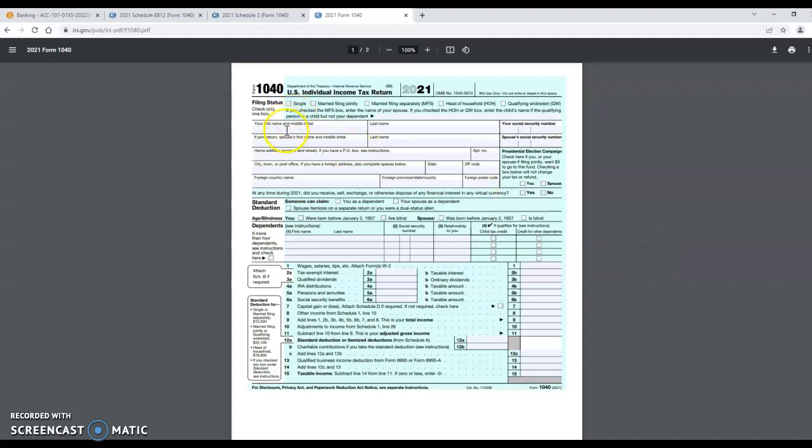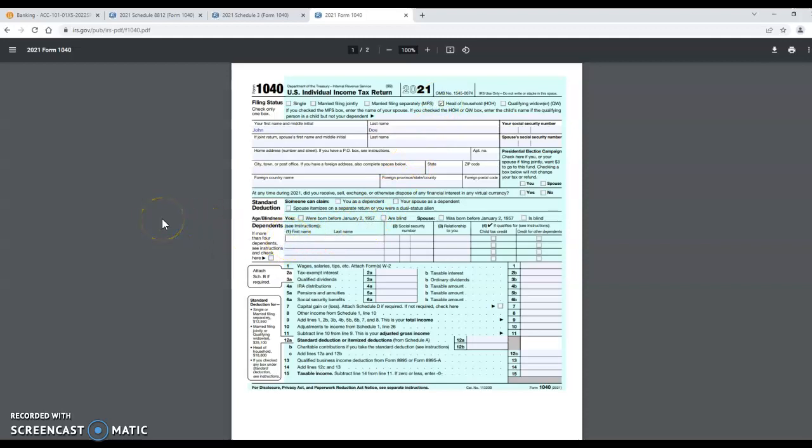When you first have determined that you have a qualifying child and/or qualifying relative dependents, you need to put them onto the front of the 1040. So here we have John Doe and all his information, and maybe John is head of household.